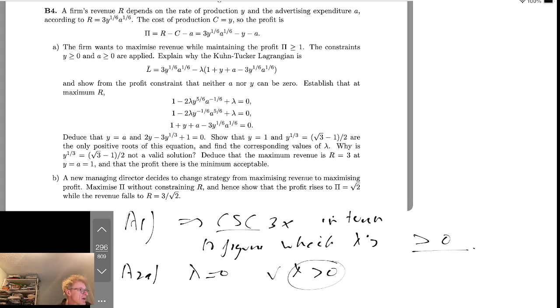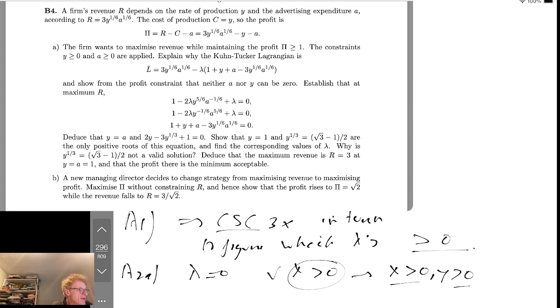For the lambda bigger than 0 case, you have to figure out whether x or y can be 0, but ultimately only x bigger than 0 and y bigger than 0 are allowed.